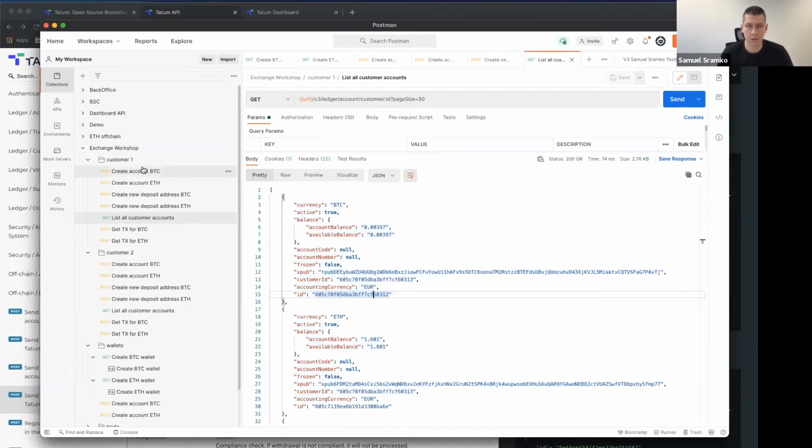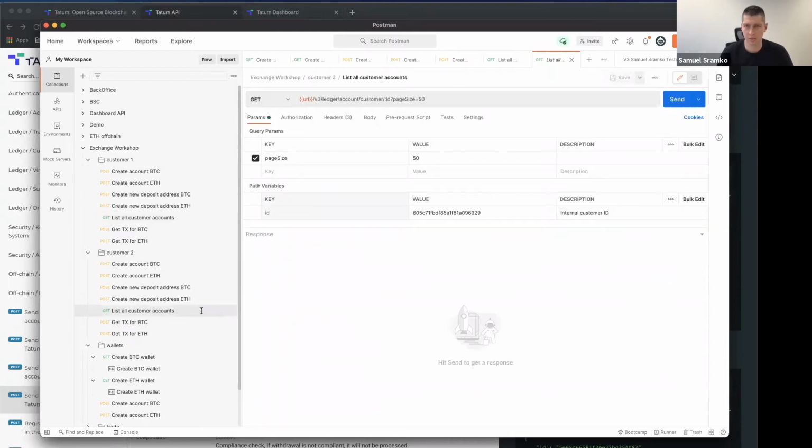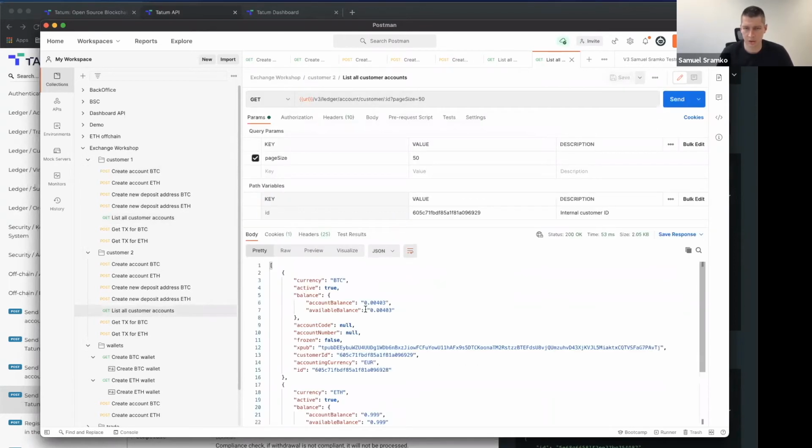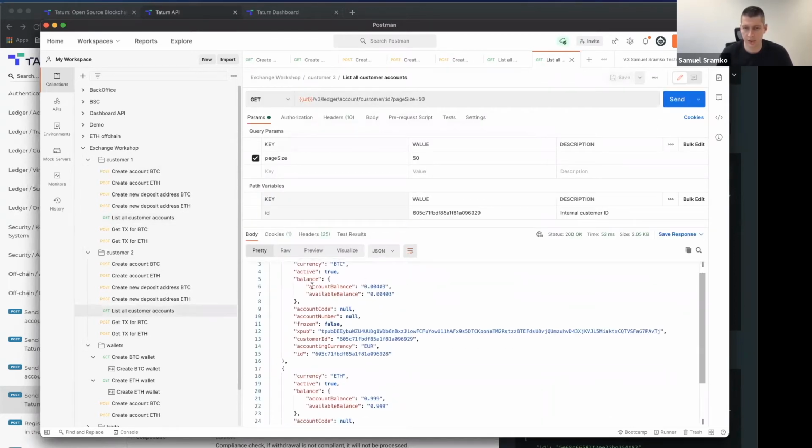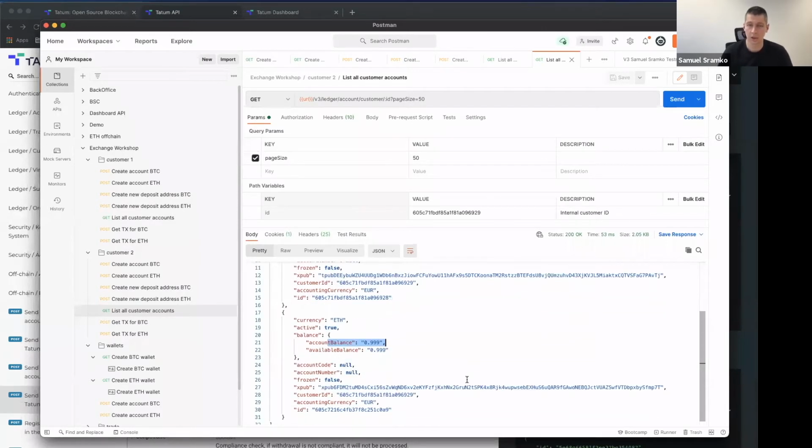And I have created 2 customers, customer number 1 and customer number 2. And customer number 2 also has 2 accounts, one for Bitcoin, one for Ethereum, and both of them have some balance on their accounts. So we can do trades as we will see next time.